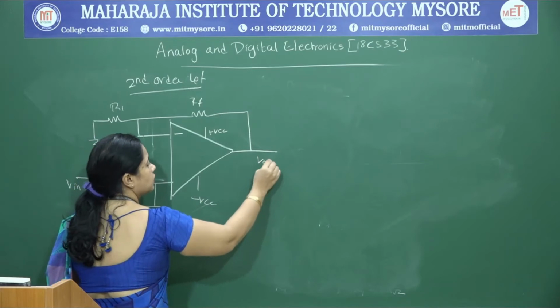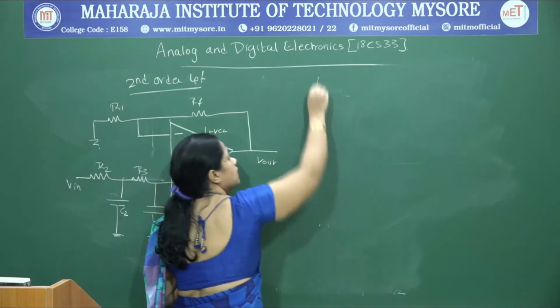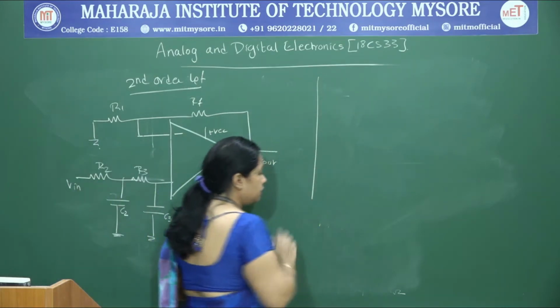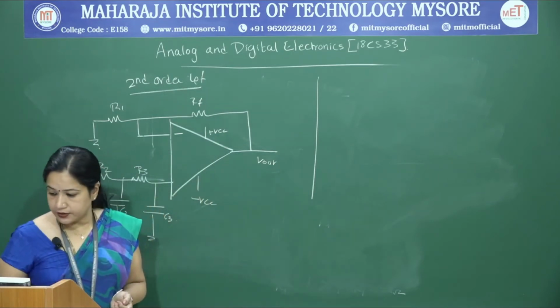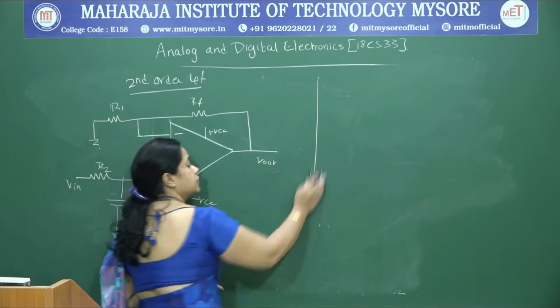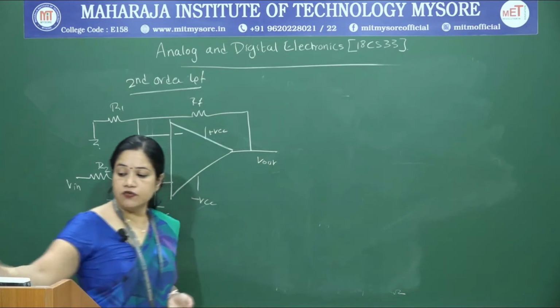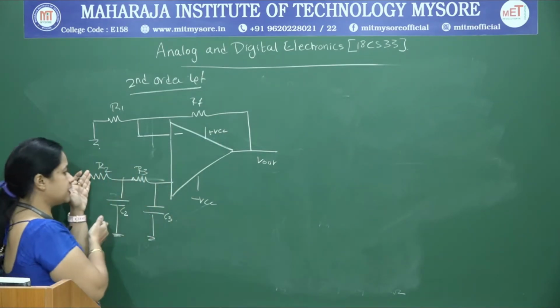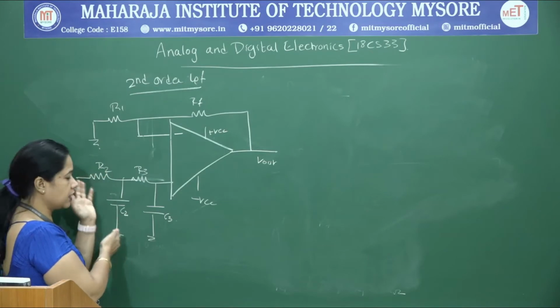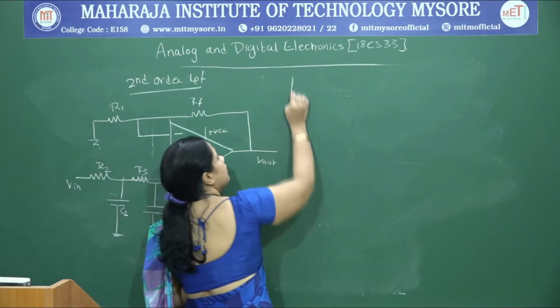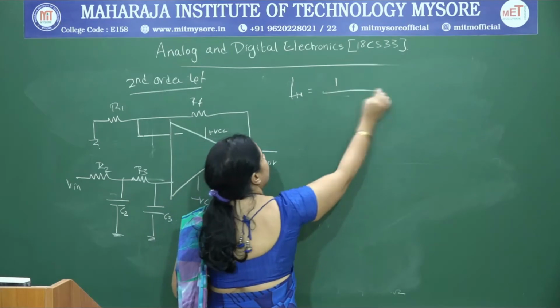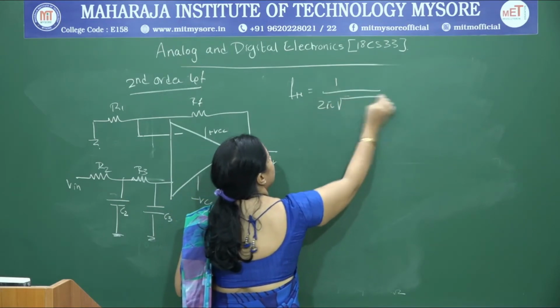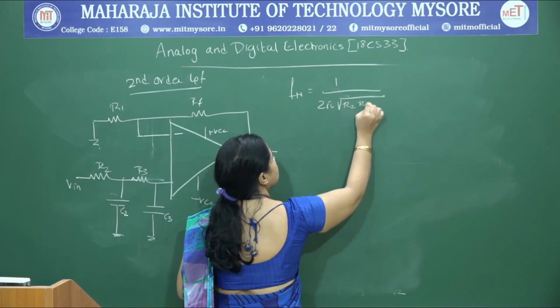I will first directly write the expression for the cutoff frequency. For a second order low pass filter, the cutoff frequency depends on the two resistance and capacitance values, and it will be given as FH is 1 by 2 pi square root of R2 R3 C2 C3.